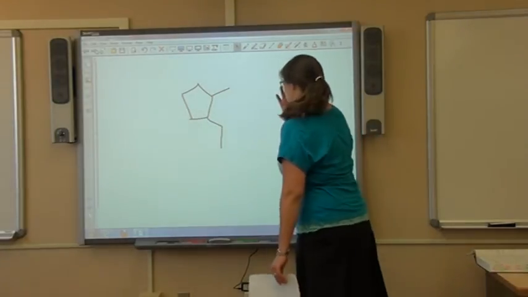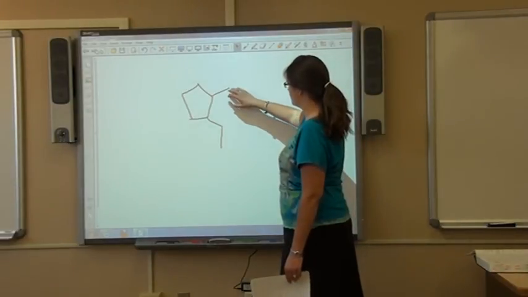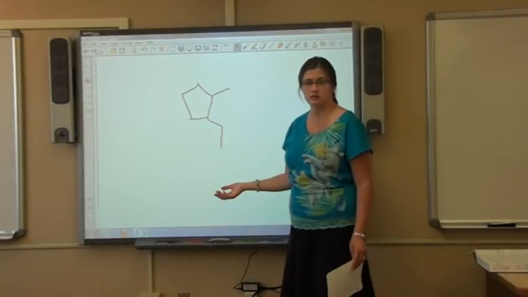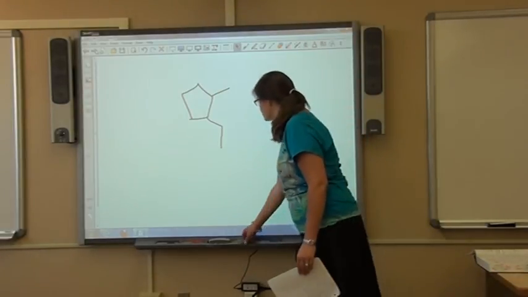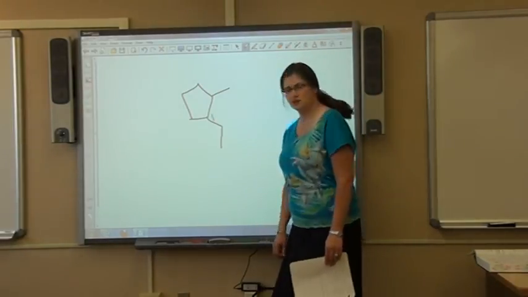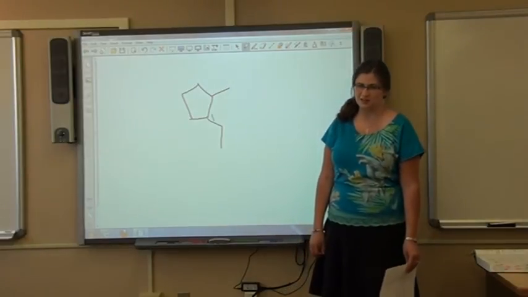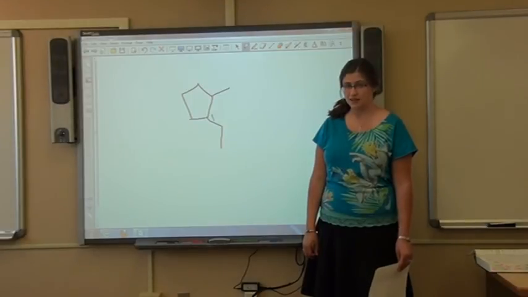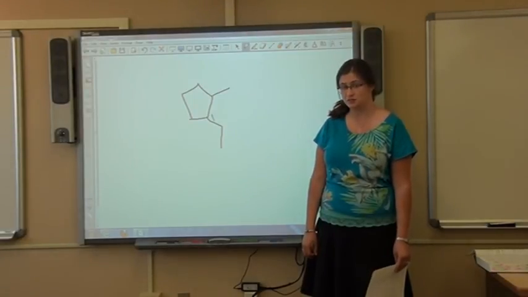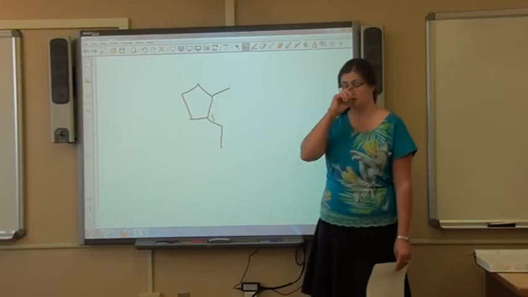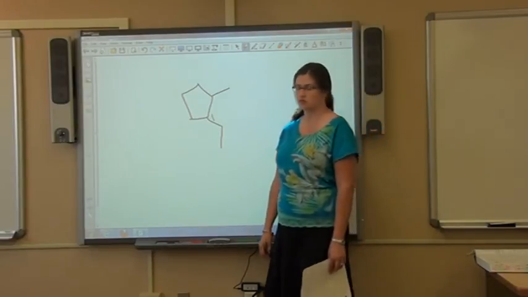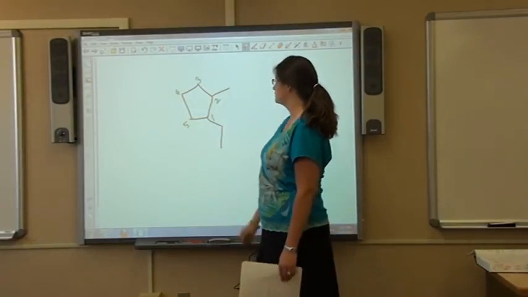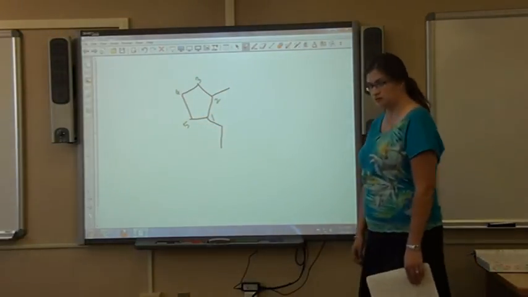Okay. So firstly, let's look here. We have a methyl group and an ethyl group. Which comes first alphabetically? The ethyl. So let's start numbering here. Now, here's where it gets a little bit tricky. You have to decide if you're going to go clockwise or counterclockwise. Well, you're going to want to try to make your next substituent group the smallest number possible. So in this case, we're going to go counterclockwise. Okay. Take a breath.